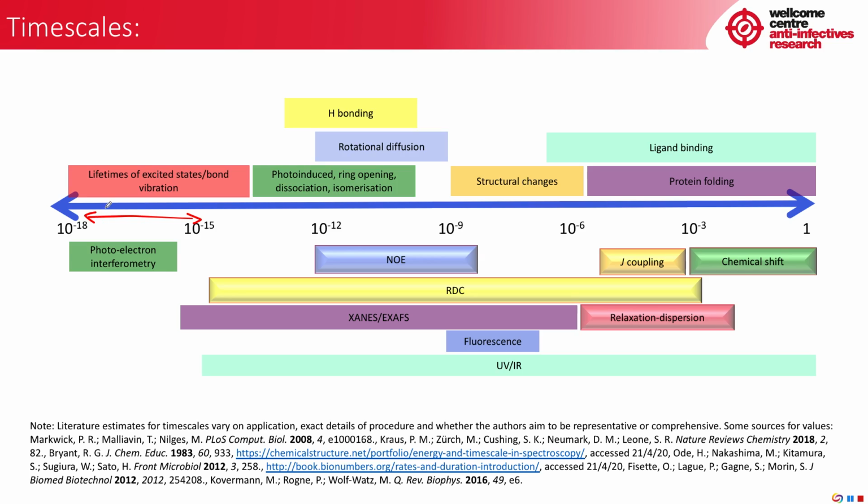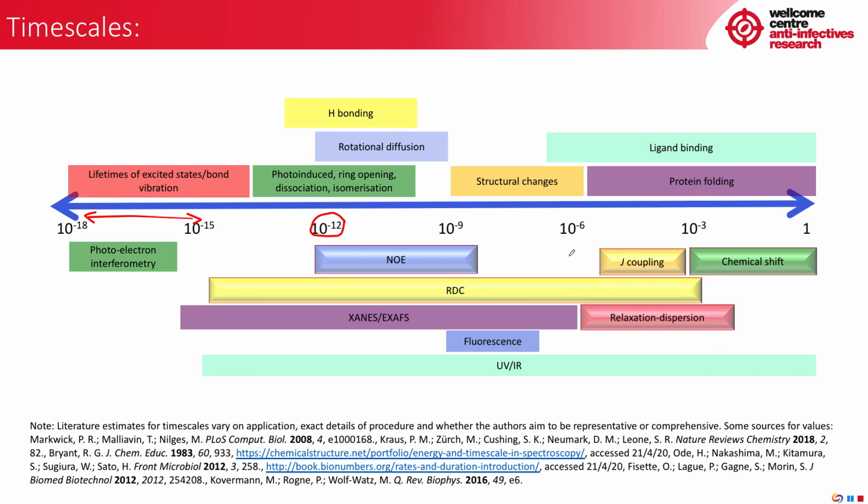There are not very many options for monitoring, but there are important phenomena occurring. So there's vibrations and excited states. As we get down to the picosecond timescale, there are more options available, and some of those include NMR-based techniques, which are shown in these three-dimensional shapes.